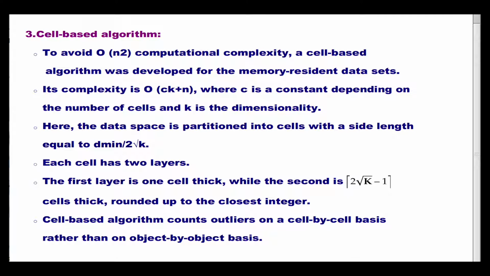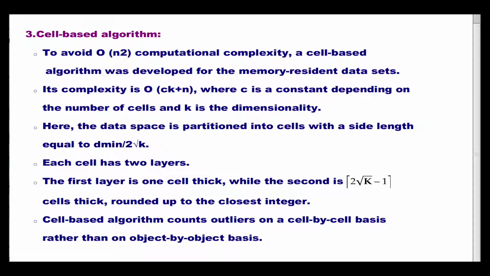To avoid the complexity of the order of n² computations, a cell-based algorithm was developed for memory resident data sets. Its complexity is O(c^k + n), where c is a constant depending on the number of cells and k is the dimensionality.